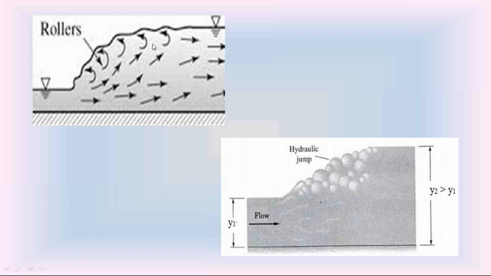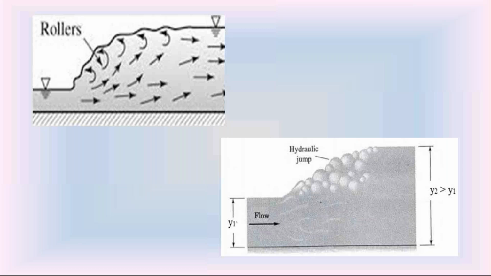I hope in fluid mechanics, you might have studied irrotational flow and rotational flow. Normally in fluid mechanics, in pipe flow, we consider the water flow in pipes as an irrotational flow. But in the hydraulic jump, the water flow is not irrotational flow, because high energy is changing to lesser energy.